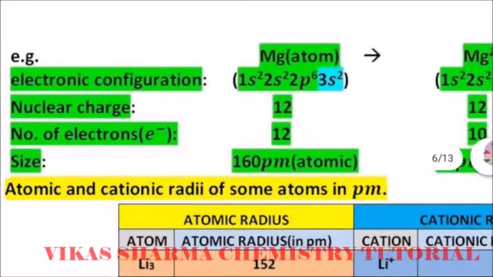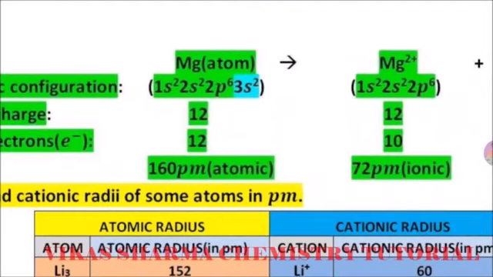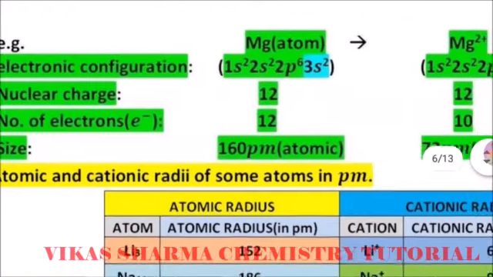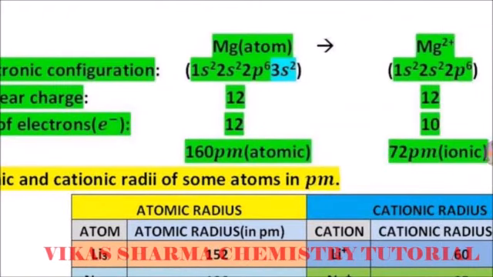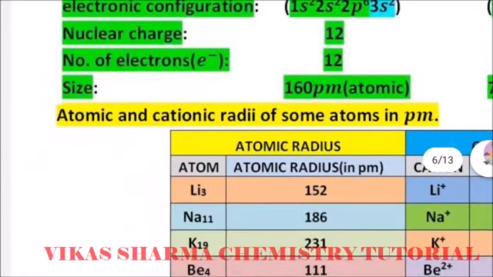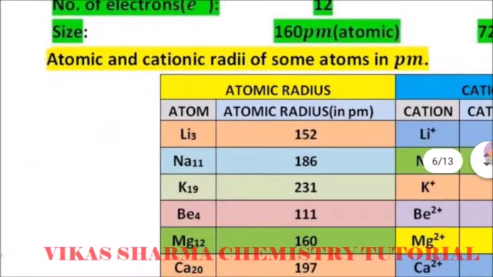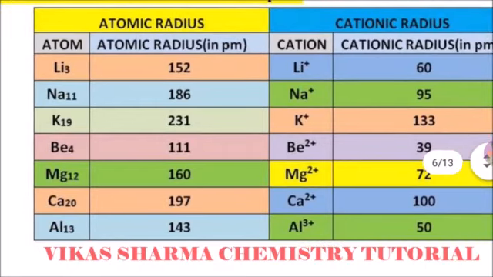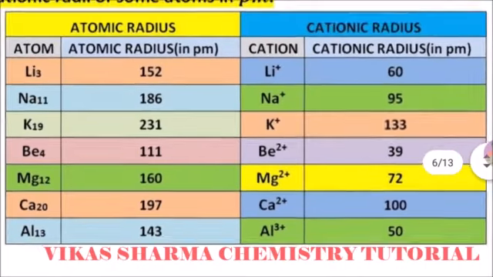The number of electrons in a magnesium atom is 12, and in the magnesium ion it is 10. The atomic size is 160 picometers, but the magnesium ion is 72 picometers. The reason is the same: the nuclear charge attracts the electrons more strongly, so the size decreases. The atomic and cationic radii of some atoms in picometers are shown on the display, so you can easily see.